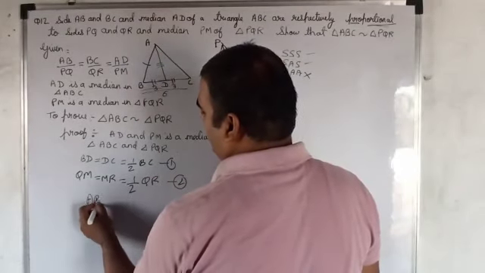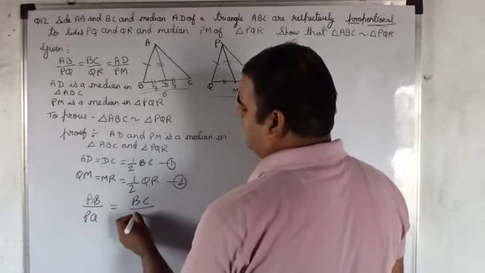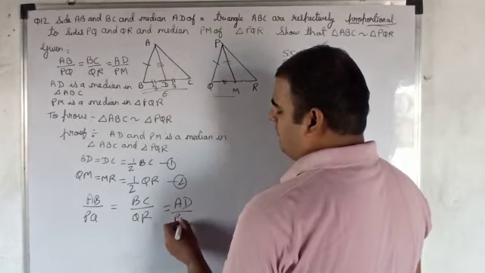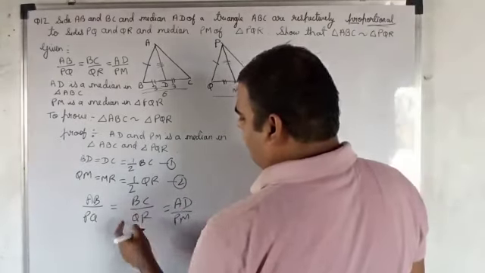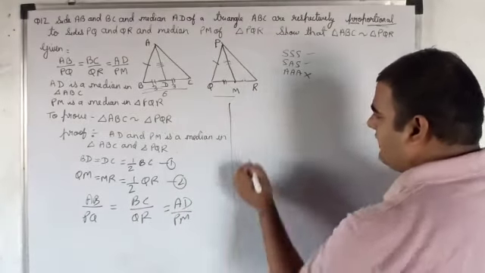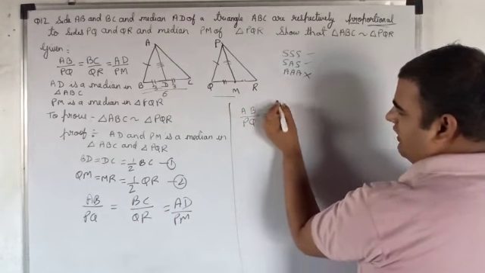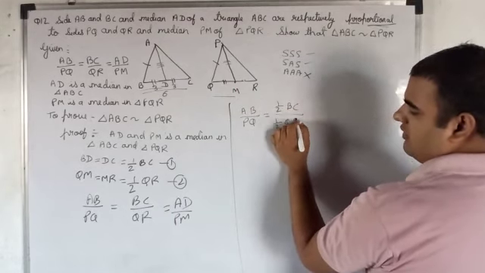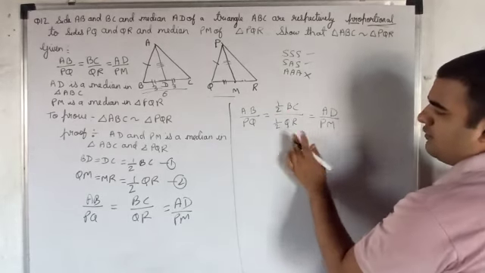AB upon PQ equals BC upon QR equals AD upon PM. Now we can adjust here half. Okay, why? We will see. AB upon PQ equals half of BC upon half of QR.